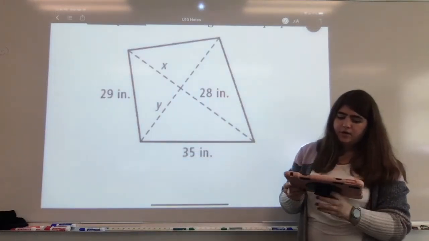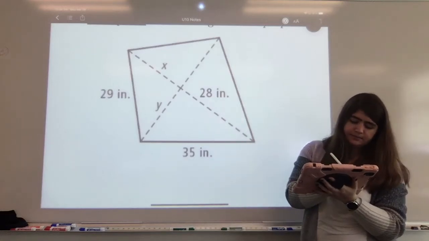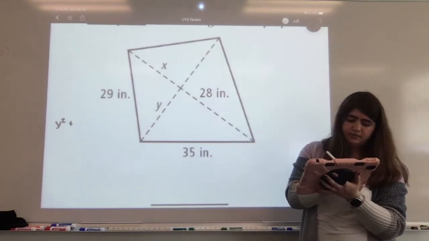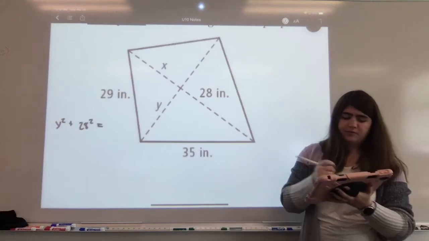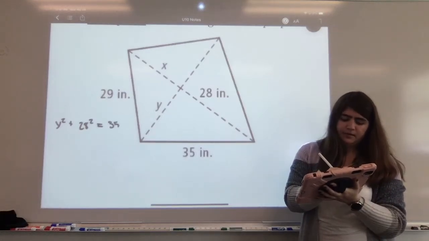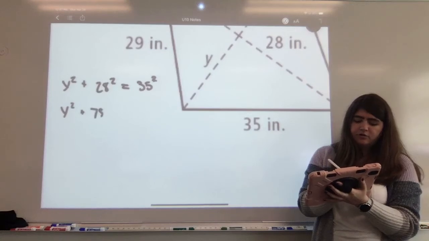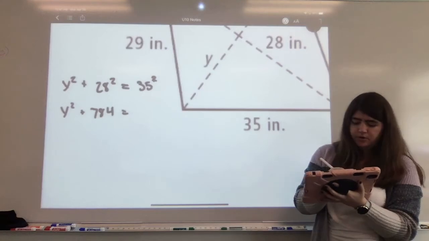So I have a squared will be my y, so I have y squared plus my b squared, which is 28, is equal to my c squared, which is my hypotenuse of 35. So 35 squared. 28 squared is equal to 784, and 35 squared is equal to 1,225.